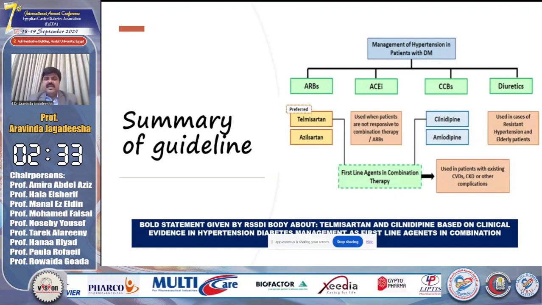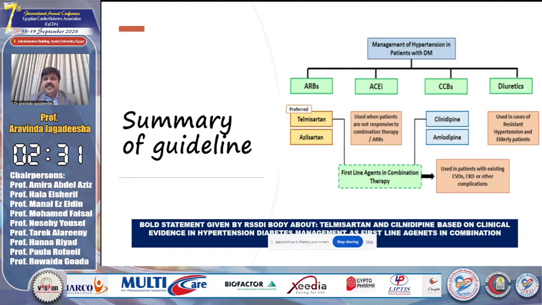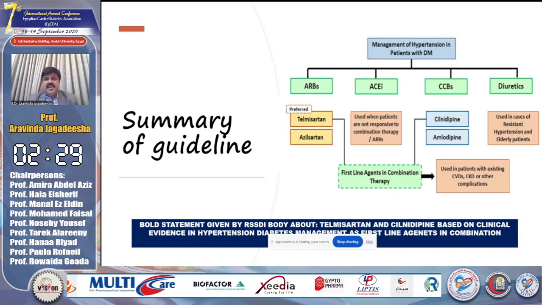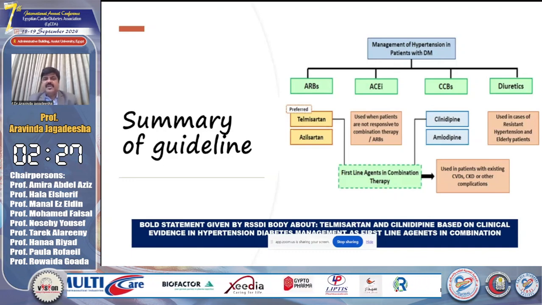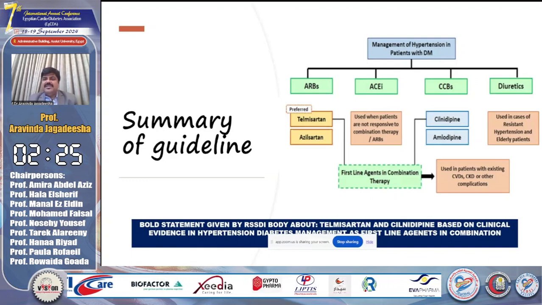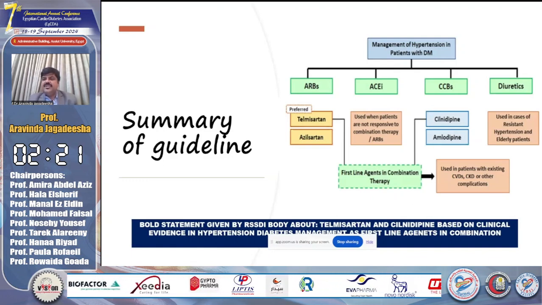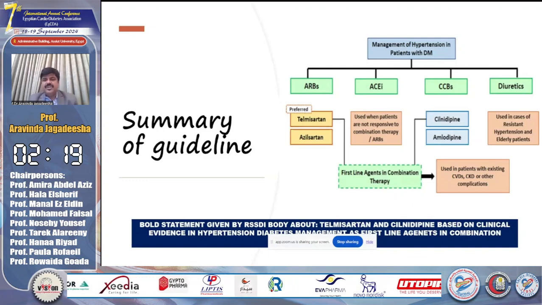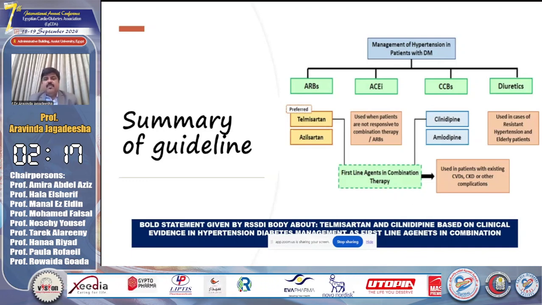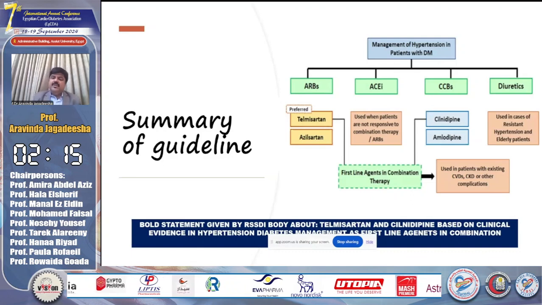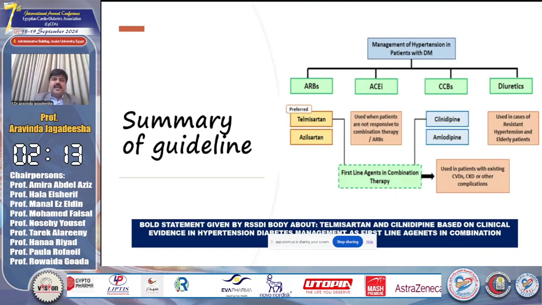You can select from among these ARBs, ACE inhibitors, CCBs, and diuretics. Among the ARBs, telmisartan is preferred. Among the CCBs, cilnidipine is preferred. Diuretics in cases of resistant hypertension and elderly patients. So this is the major statement for the use of antihypertensives in diabetes.